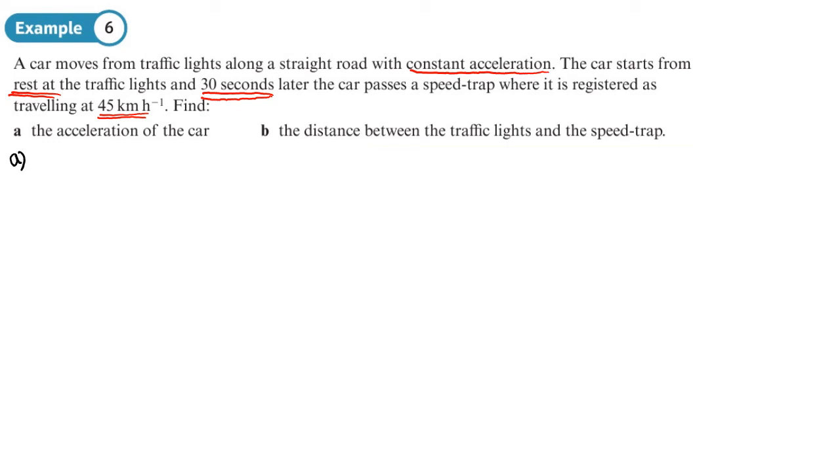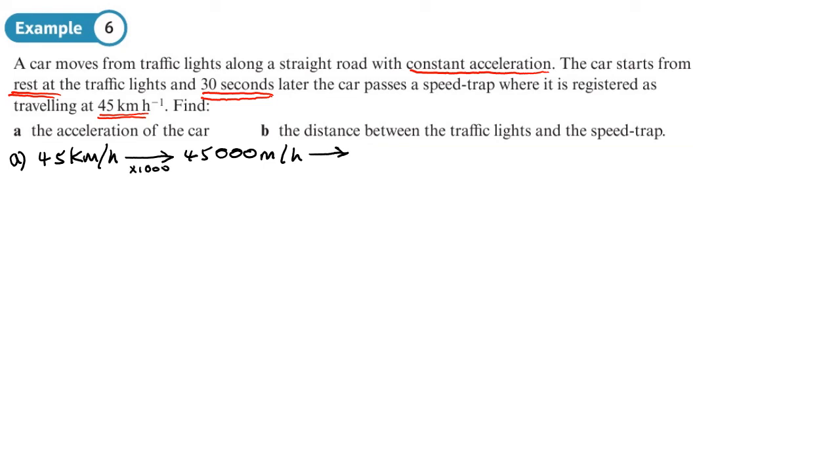Okay, now the first thing we do before we use SUVAT is we need to convert this kilometers per hour into meters per second. So 45 kilometers per hour is the same as 45,000 meters per hour. I just times that by 1,000.